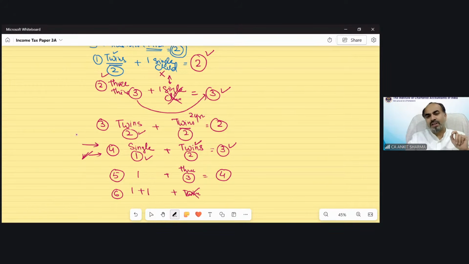Of course they are not eligible because the 2 children limit has been achieved. So in the question you need to see if the twins take birth before the birth of a single child, the exemption could be available only to those twins or thrice, etc. who take birth together, and the single child's exemption cannot be available. But if a single child takes birth before and after that twins take birth, then the single child as well as those twins, etc. can claim the exemption. Now you can see how interesting this is. So this is regarding the note we were discussing.